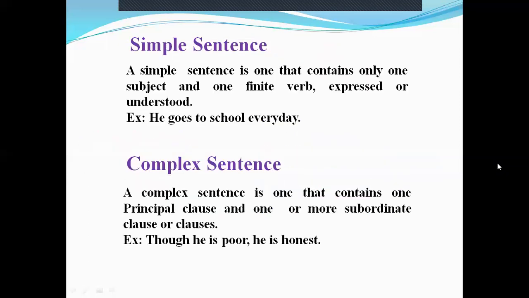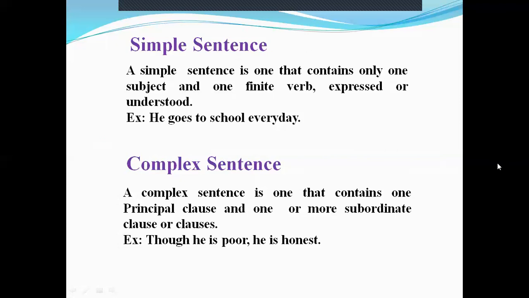So before starting our changing, we should know what a simple sentence is and what a complex sentence is. You must have clear ideas about simple and complex sentences, because otherwise you will not be able to change them. A simple sentence is one that contains only one subject and one finite verb, expressed or understood.